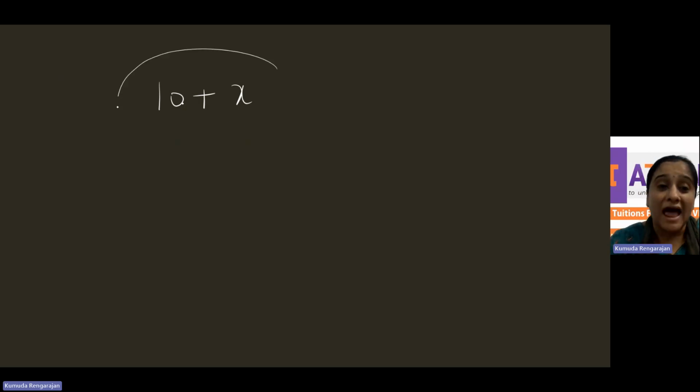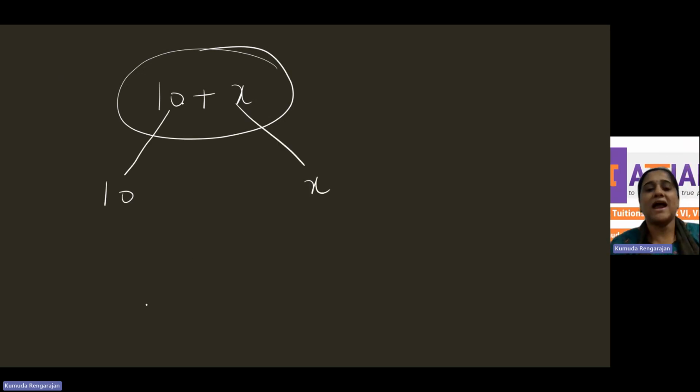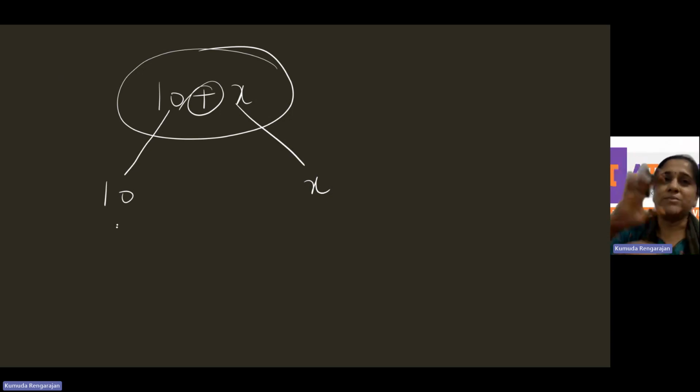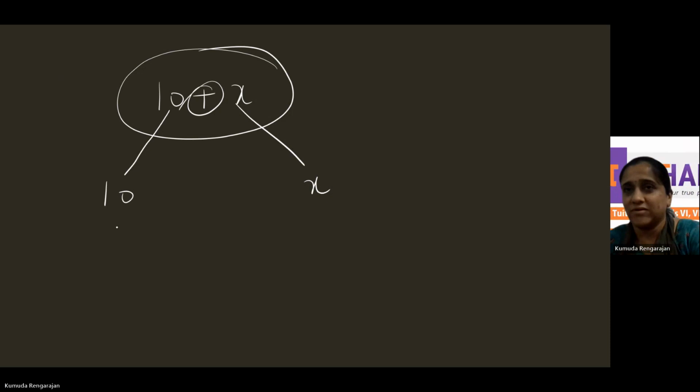Now supposing I write 10 plus x. This is not a numerical expression. This is an algebraic expression, because you can see the constant 10, the variable x and the mathematical operation addition. If it's only numbers, it is a numerical expression. If it is numbers and variables, it is an algebraic expression.